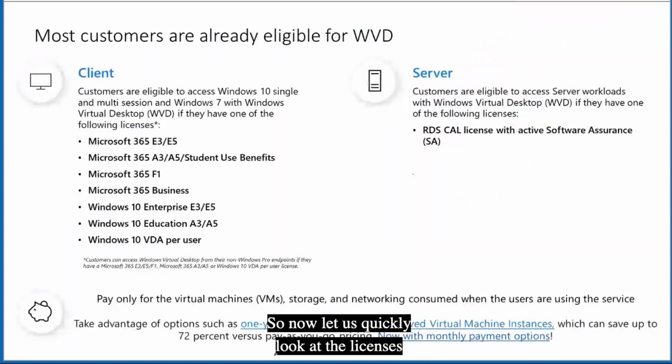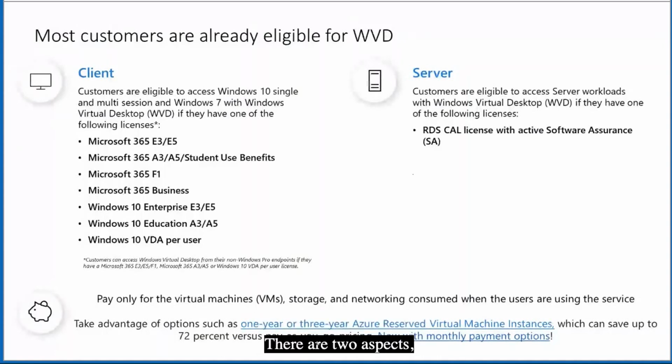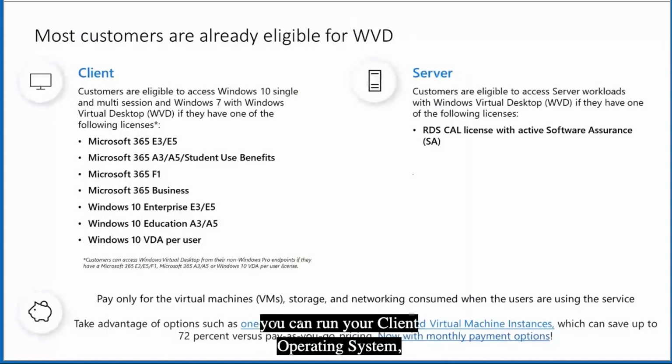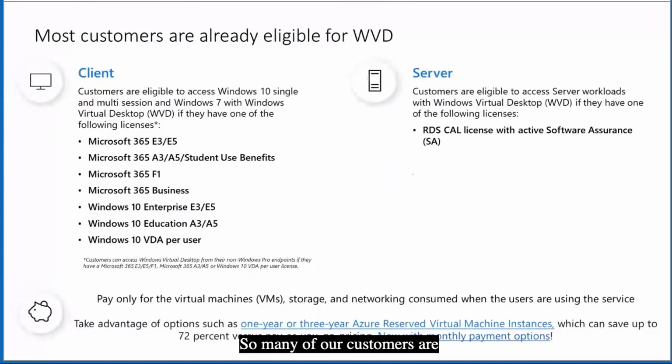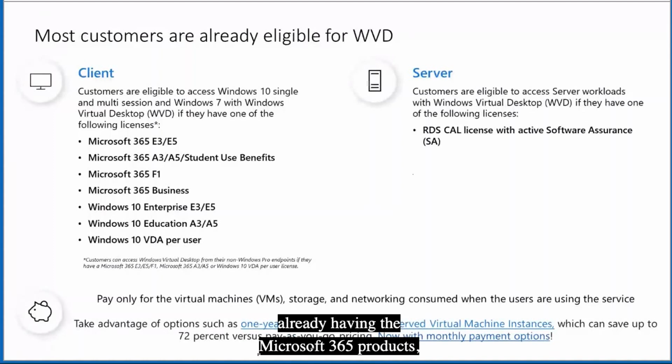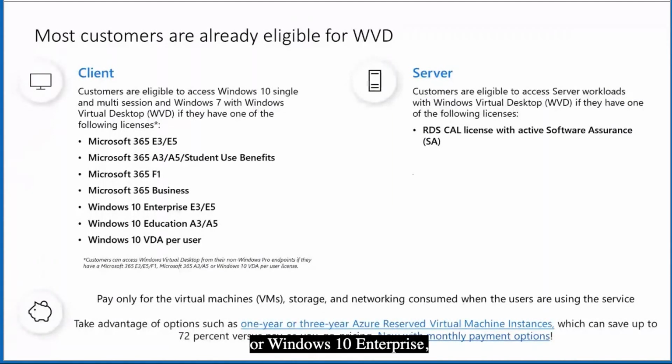So now let us quickly look at the licenses that are required to have a Windows Virtual Desktop solution. There are two aspects: you can run your client operating system, and also you can have a server operating system. First, let's look at the client operating system. Many of our customers already have Microsoft 365 products, or Windows 10 Enterprise or Windows 10 Education licenses.